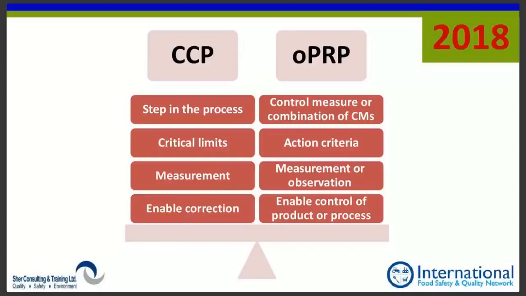FSMA has replaced HACCP with HARPC, which is not focusing on critical control points, because HACCP is hazard analysis and critical control points. So the whole point of HACCP is the CCPs. Well, both 22000 and FSMA say no, hazard analysis and risk-based preventive controls.